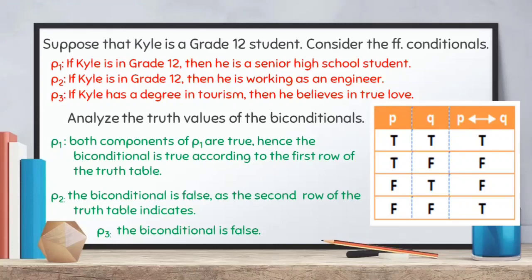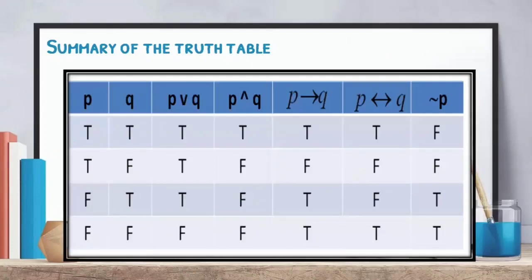Okay. For you to familiarize our truth table, I have here the summary of our truth table for each of our connectors, right? We have our proposition P, proposition Q, P or Q, P and Q, if P then Q, P if and only if Q, and the negation of P. So just familiarize your truth values using this table.